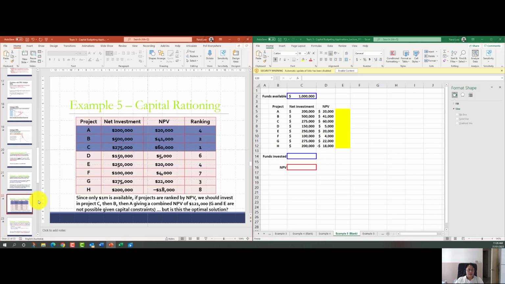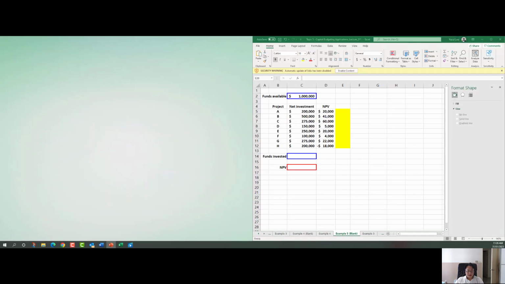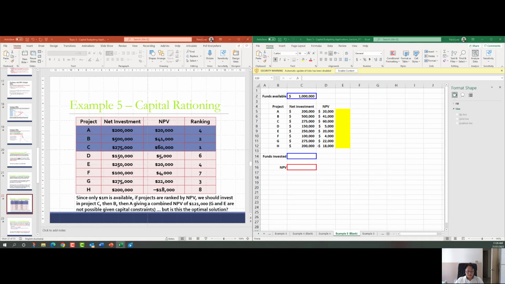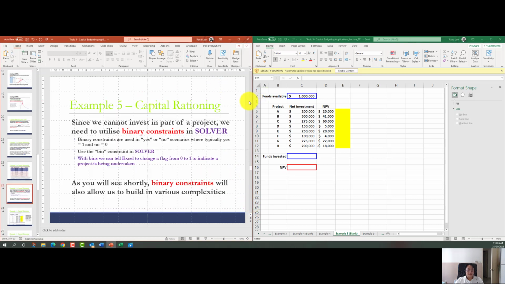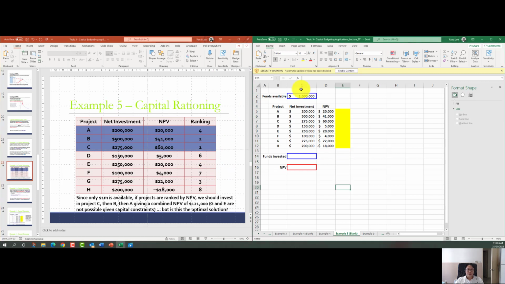So if we have $1 million, and net investments of 200,000, 500,000, 275,000, with the NPVs of all these different projects, and so on and so forth.